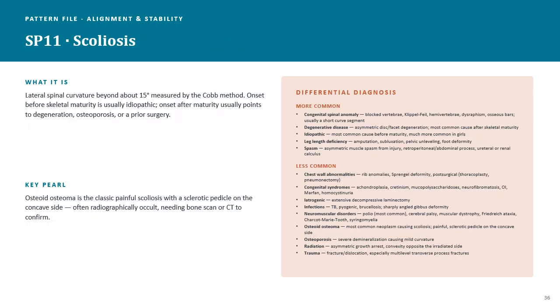Moving on to the next alignment case file, now we're looking at scoliosis. With scoliosis, we simply have the spine appearing abnormal because it has more of a side-to-side curve versus being straight up and down.